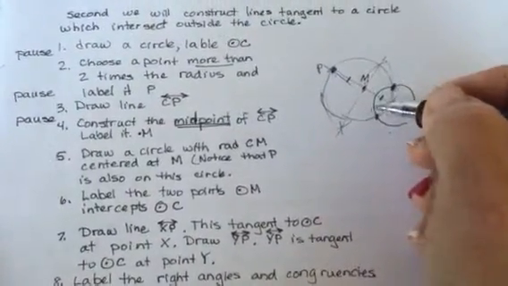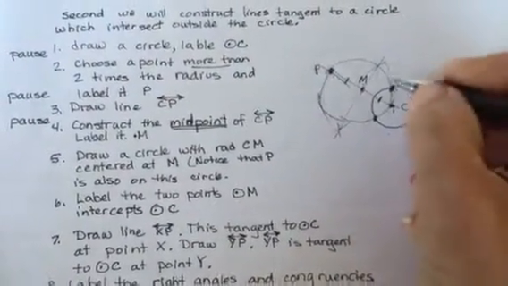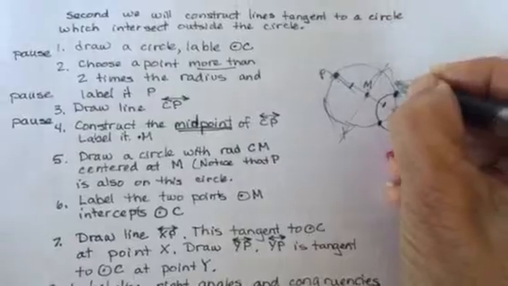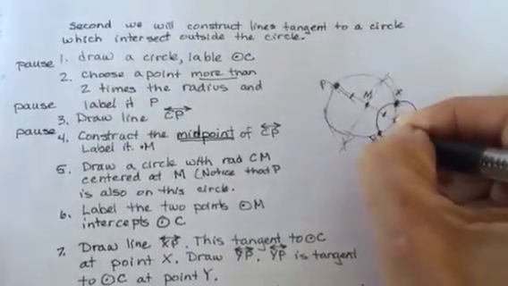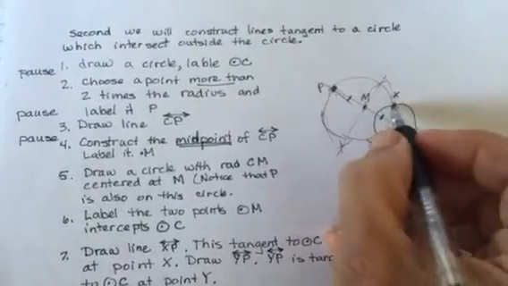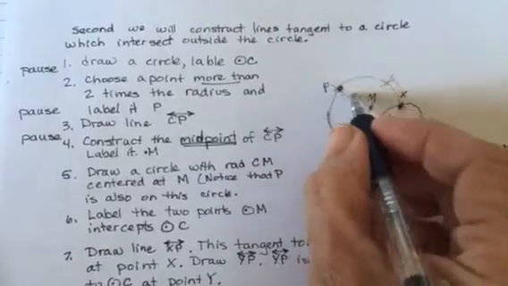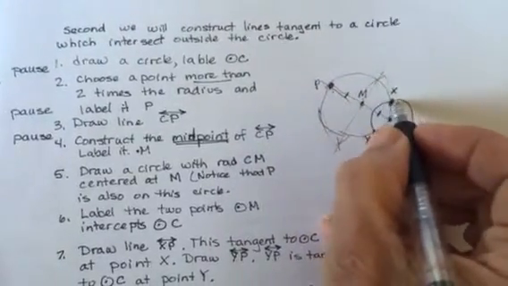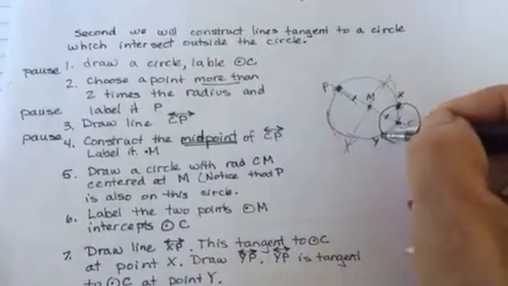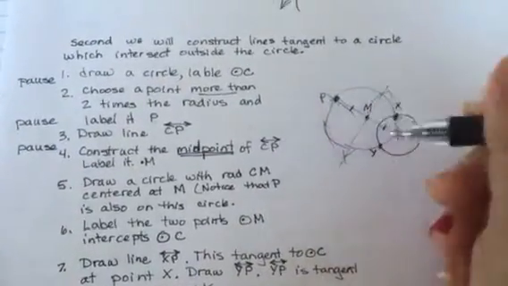Next, I'm sorry, we are to label one X and one Y. Now with your straight edge, if this was done correctly, this line to this line should come out and it will be a tangent line, and this line to that line, we're drawing the tangent line.